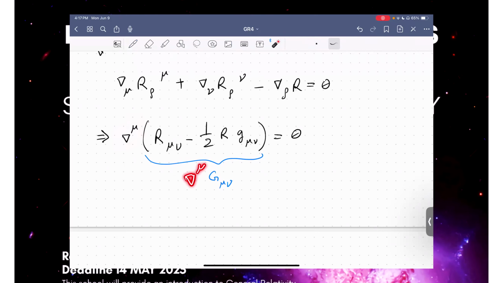If you take any covariant derivative and contract one of the indices, it's going to vanish. And you can also show that it is symmetric in these two indices. And this is called the Einstein tensor.